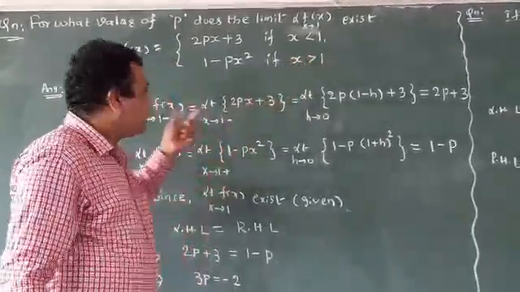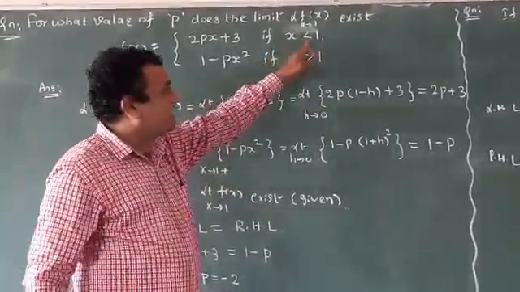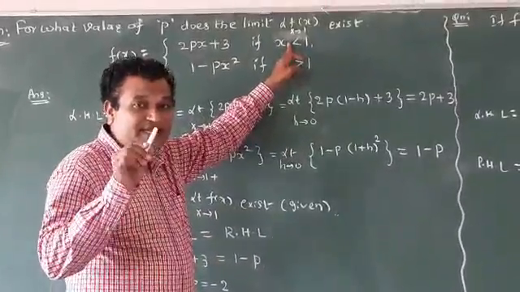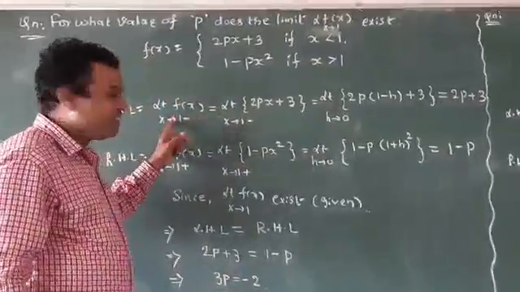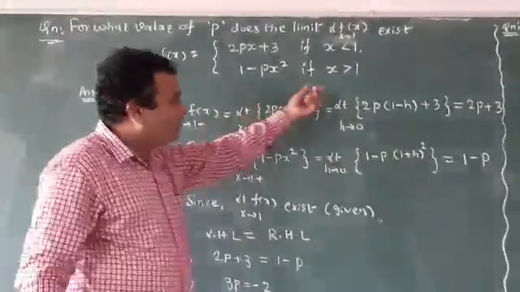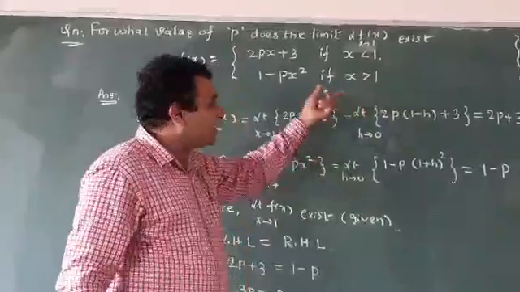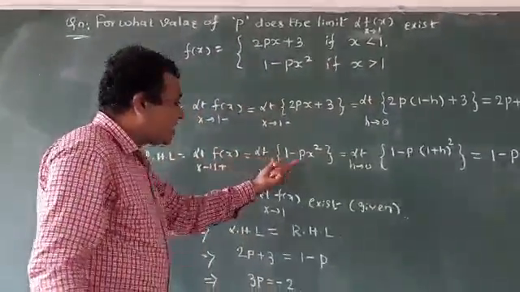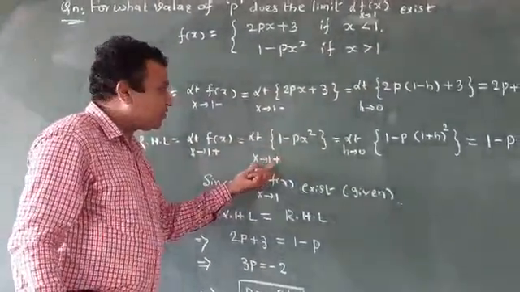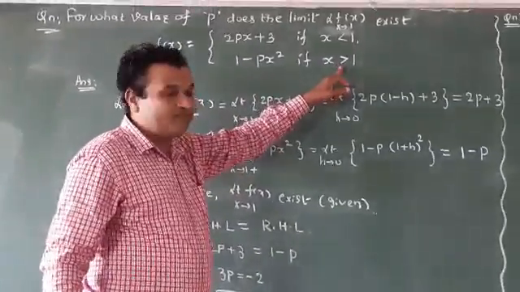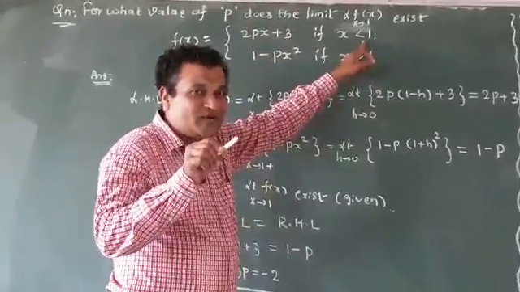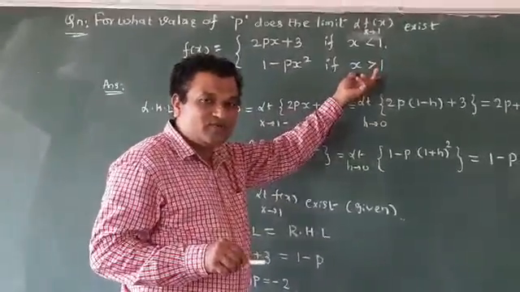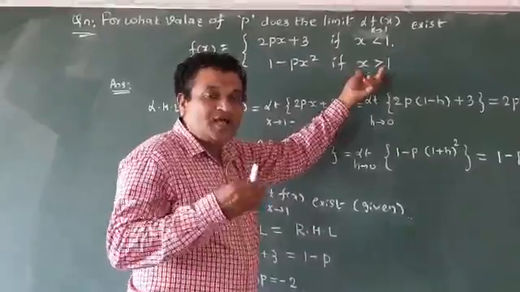For x less than 1, we consider that function for the LHL, that is x tends to 1 minus. For x greater than 1, we consider the function for the RHL. Once again, for x less than 1 it is the LHL value, and for x greater than 1 we consider the function for the RHL.